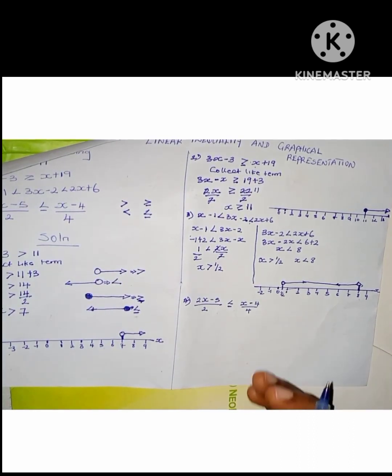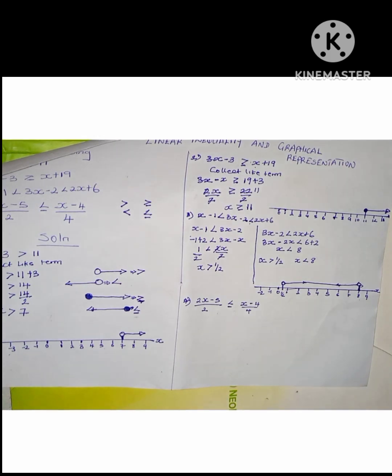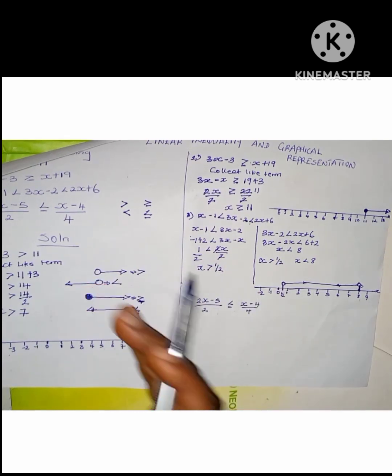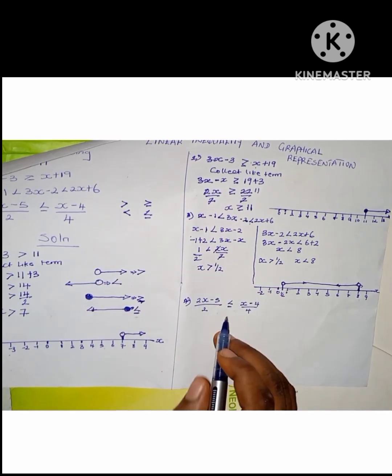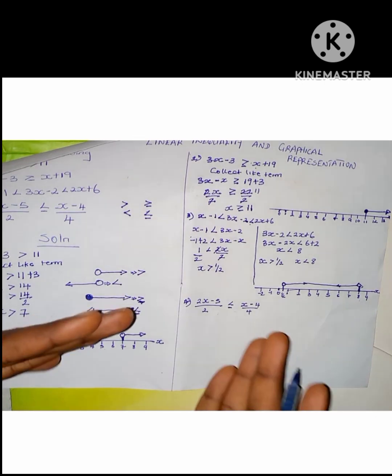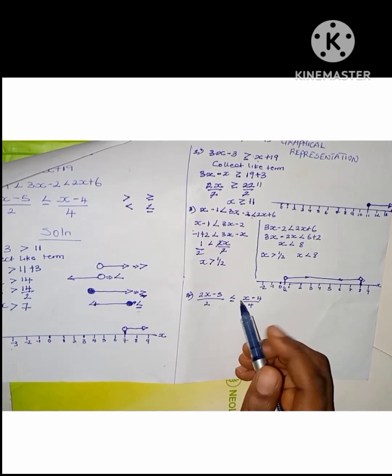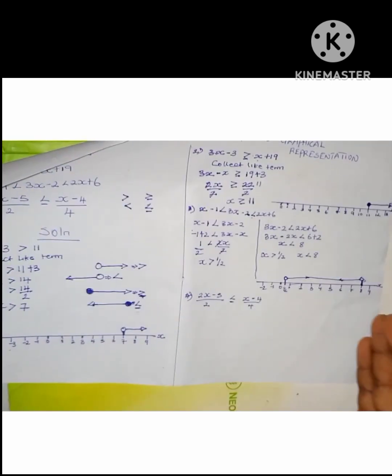Now, when you have fractions with an equal sign at the center, what are you going to do when there is one fraction at the right hand side and one fraction at the left hand side, and the sign at the center of it is an equal sign? You need to cross and multiply. The same applies to this inequality. There is an inequality here, and there is one fraction here, and there is another fraction here.